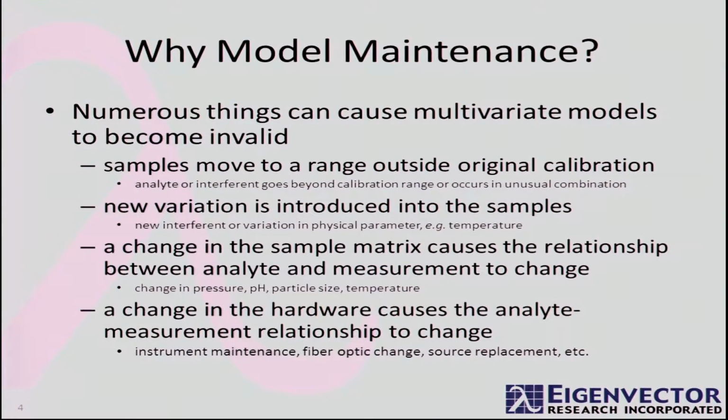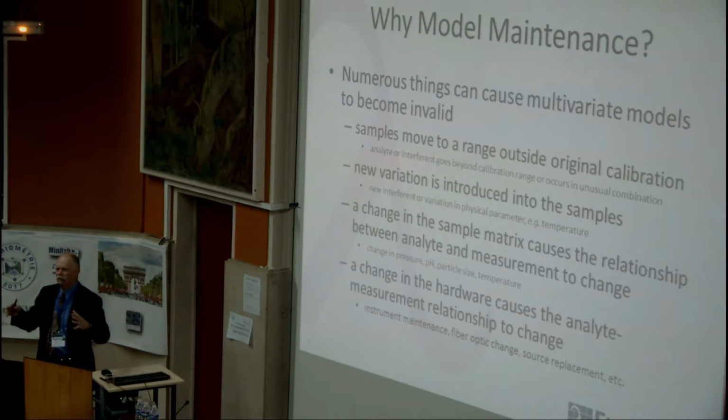A change in the sample matrix causes the relationship between analyte and measurement to change. This is an instance where changes in the sample matrix, maybe due to pH, really change the relationship between the analyte spectra and its concentration.